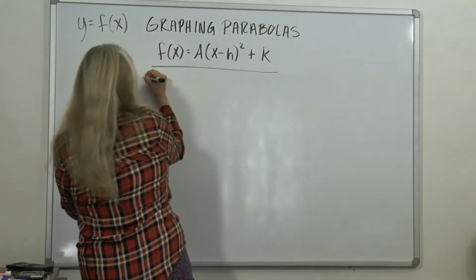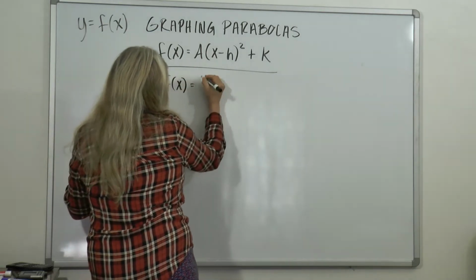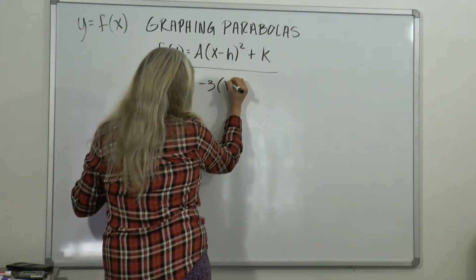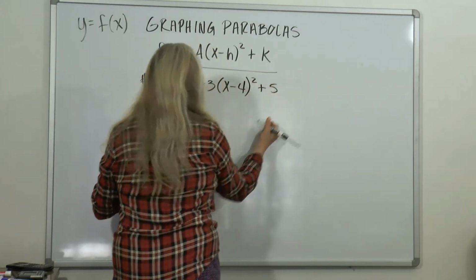Okay, so number 1, f of x is going to be negative 3 times x minus 4 squared plus 5.